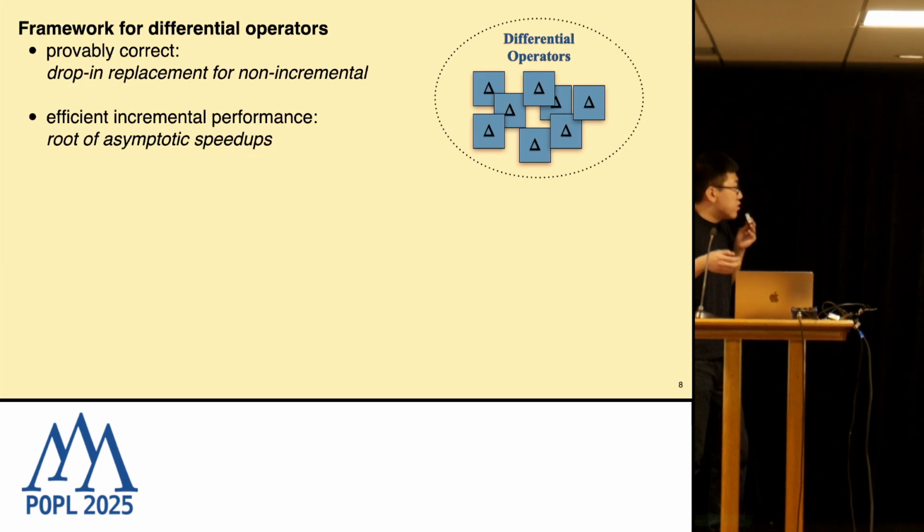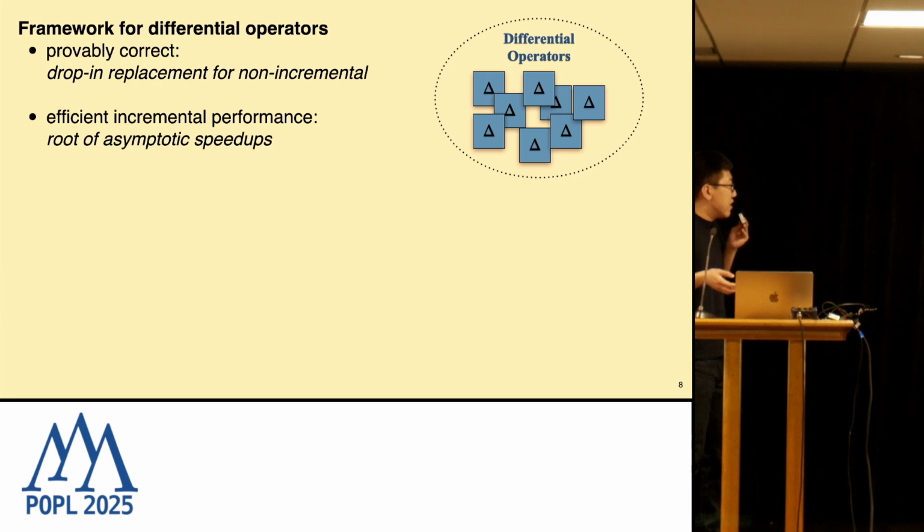In order to do that, we define a framework for modeling and verifying differential operators. When we design this framework, we want to model differential operators that at least meet these two requirements. The first one is being provably correct. It's very important, because we want to do a drop-in replacement of the non-incremental ones for incrementalized programs.